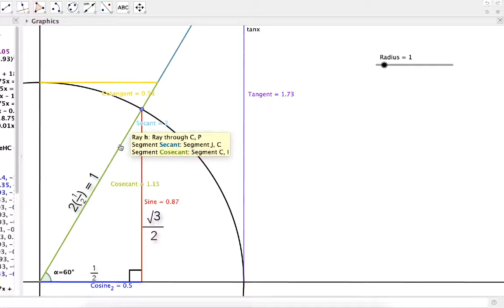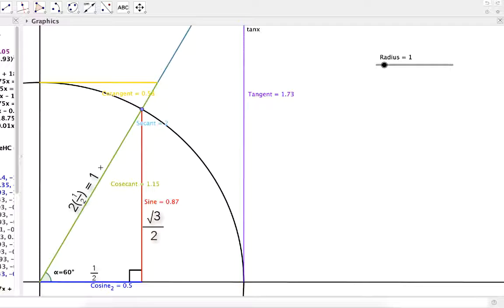And our hypotenuse, we know it is 1 because it's the radius of the circle, so our scaling factor is going to be 1/2, because the hypotenuse should be 2 times our scaling factor.